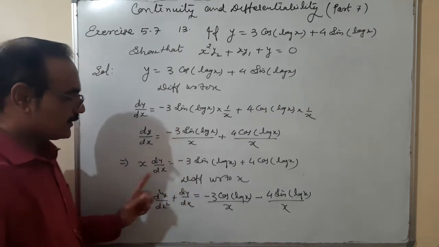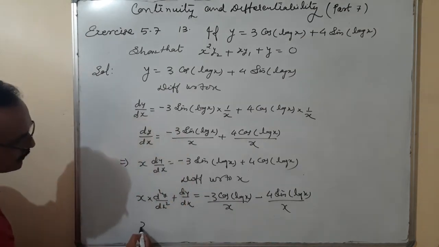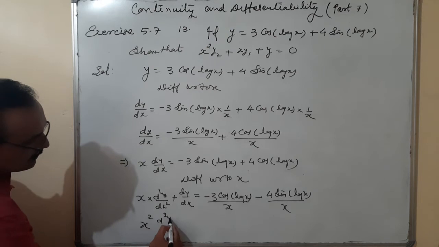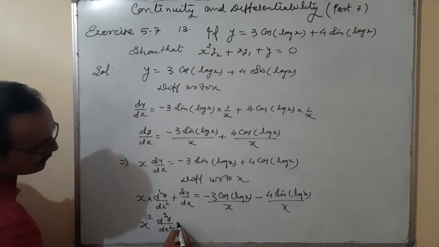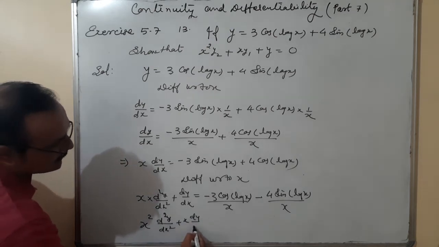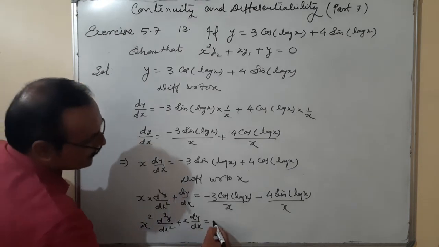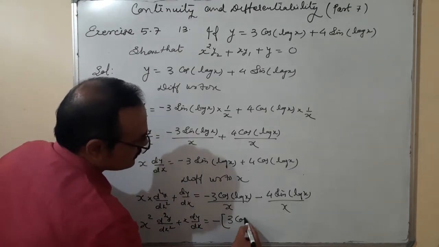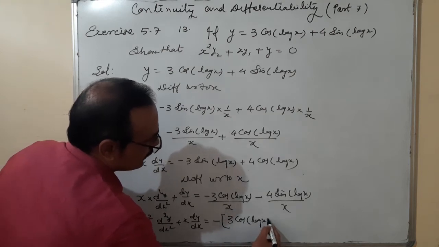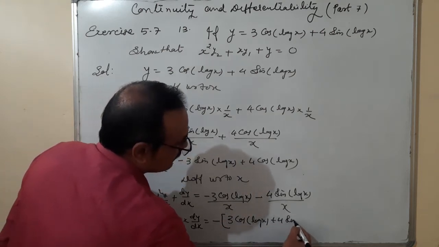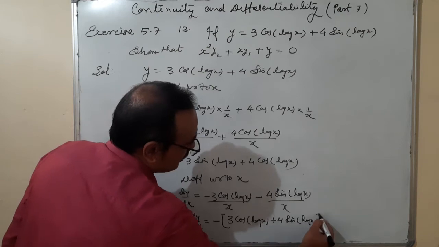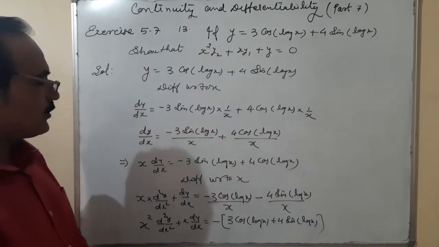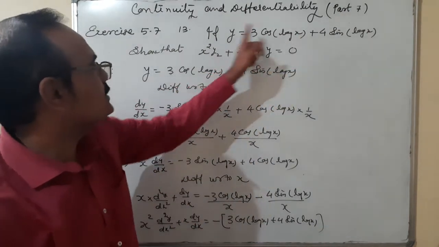Taking the LCM and shifting this x there, it becomes x square d square y by dx square plus x dy by dx is equal to, taking the minus sign common, 3 cos log x plus 4 sin log x. And you can see that 3 cos log x plus 4 sin log x is equal to y.